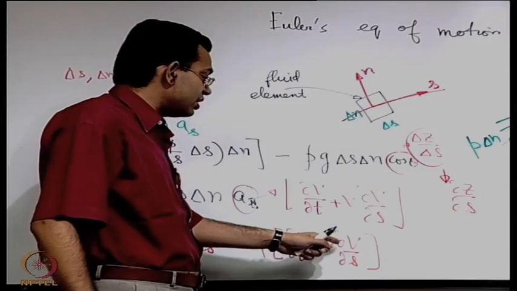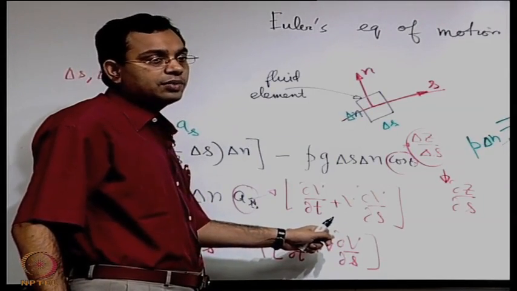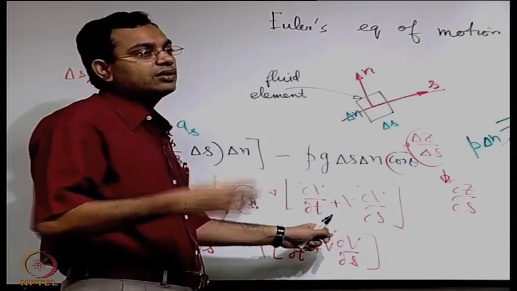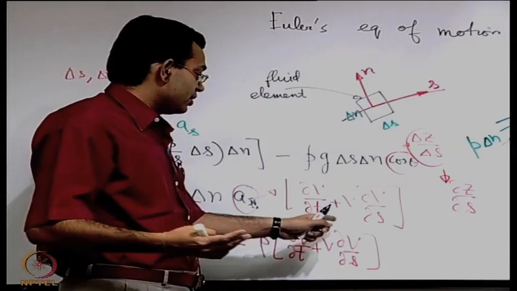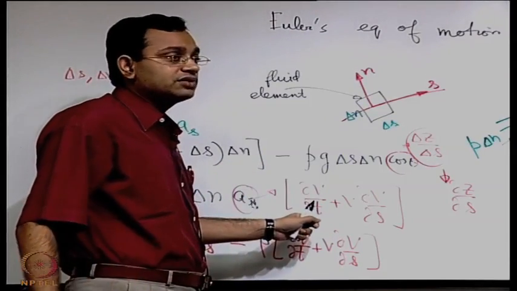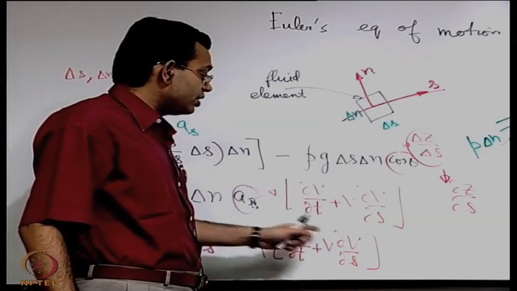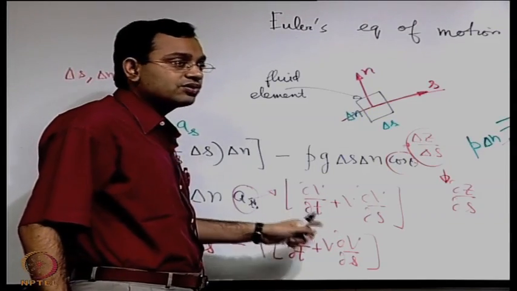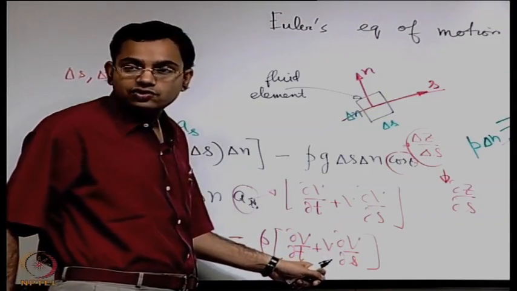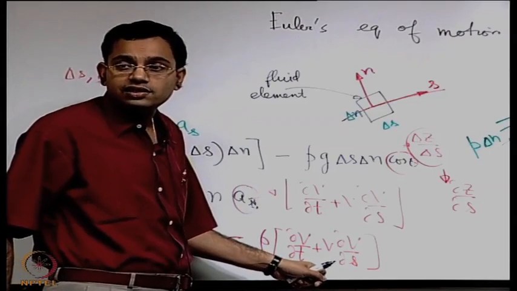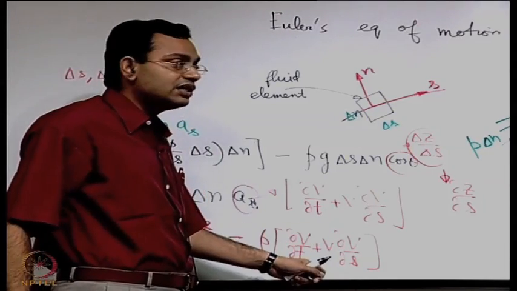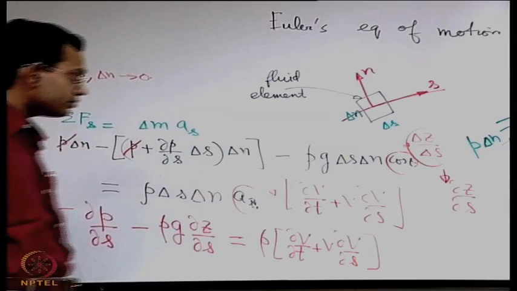So then the partial derivative and d will become similar because v is a function of s only, provided v is not a function of time, but otherwise we have to keep in mind that if v is a function of time also, this partial derivative nature has to be maintained. So for unsteady case one has to retain it like a partial derivative.